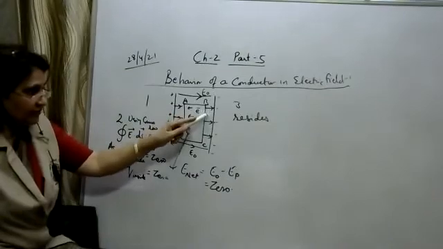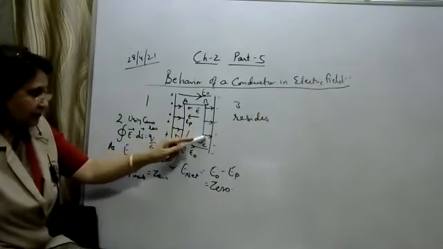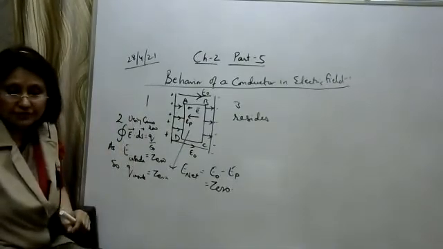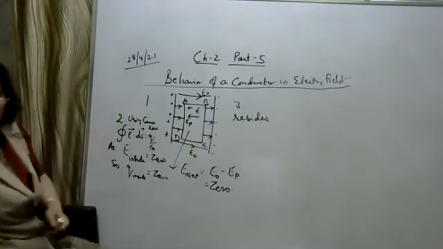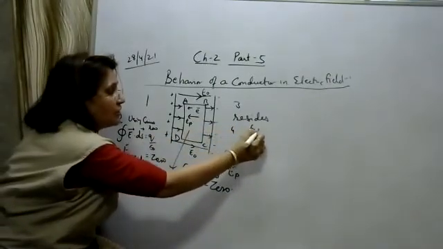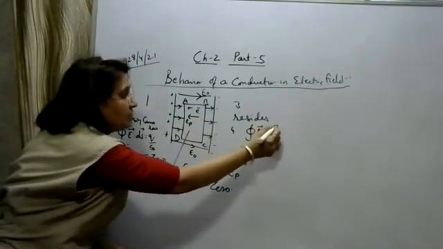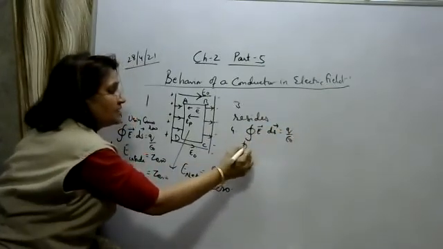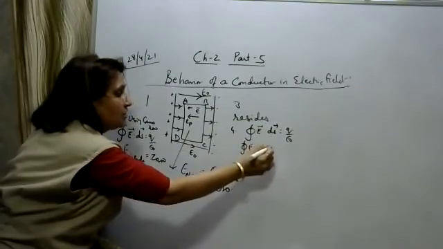As you can see in the figure, the electric field just outside the conductor is perpendicular to the surface of the conductor. Let's find out. Using Gauss law, E dot ds is equal to Q upon epsilon naught, that is, E into ds into cos theta.